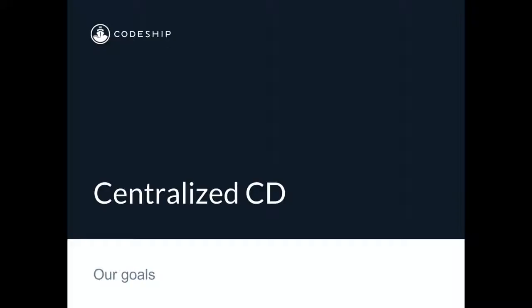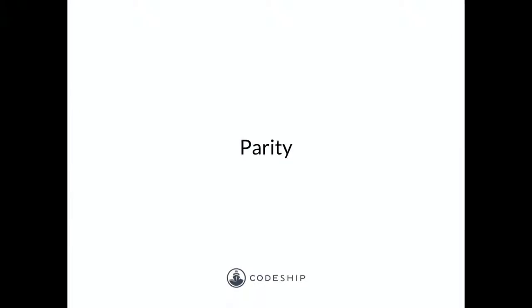Think about those original goals, but also what do we want to be able to do with Docker to be able to have the best centralized system that we can. So that first one again is parity. So at this point, we're going to stop pontificating a little bit, and I'm going to talk about a couple of ideas that really helped us out here, and hopefully can help you too.